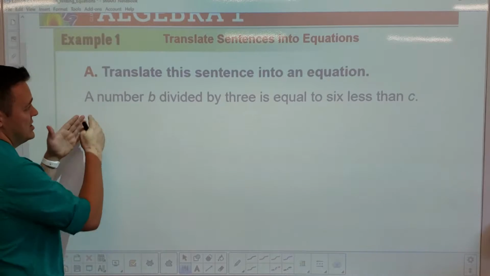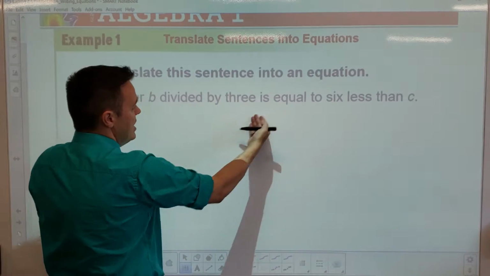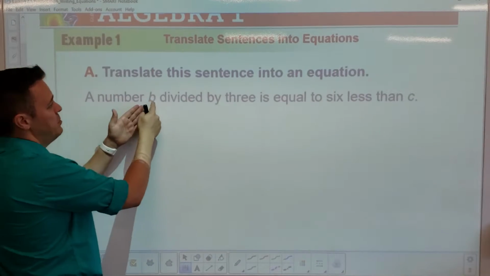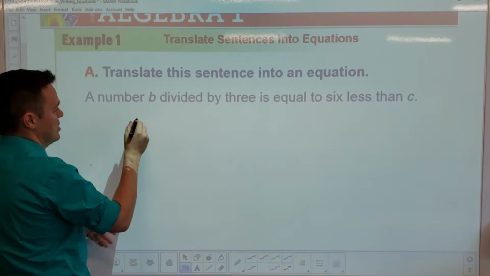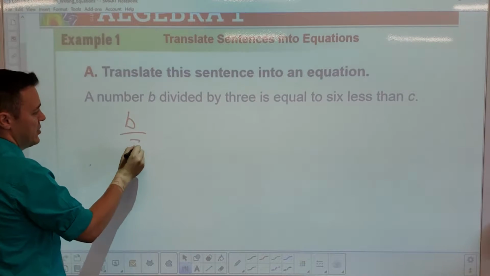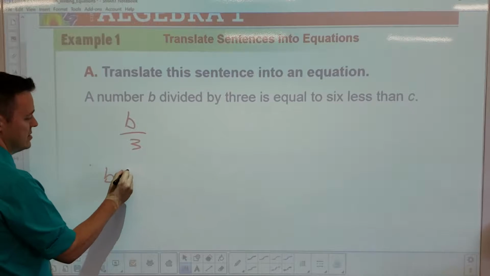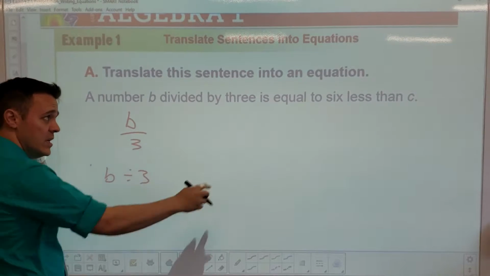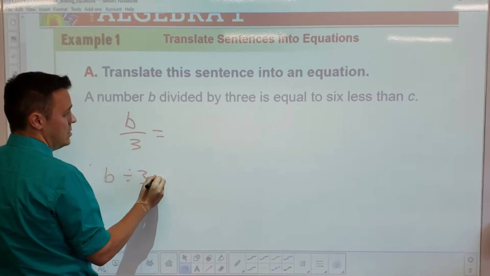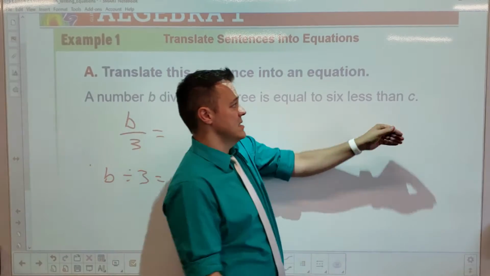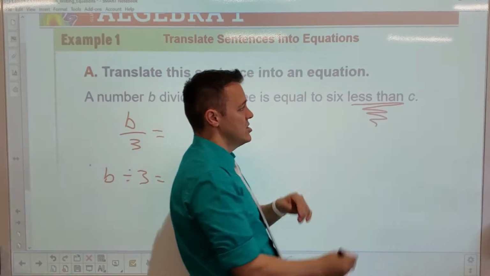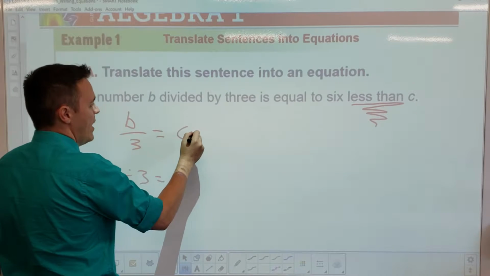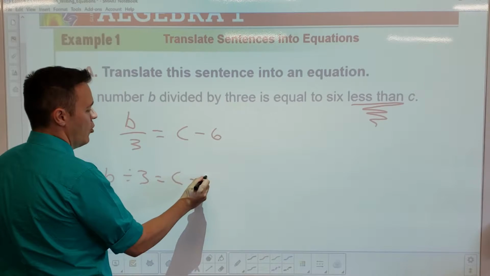So what we're doing is just taking what we read and writing it out. So a number B divided by 3 can also be written like this. There's two different ways to do it. Is equal to 6 less than C. Now, less than, ladies and gentlemen, is the only term where you actually write it out of order.